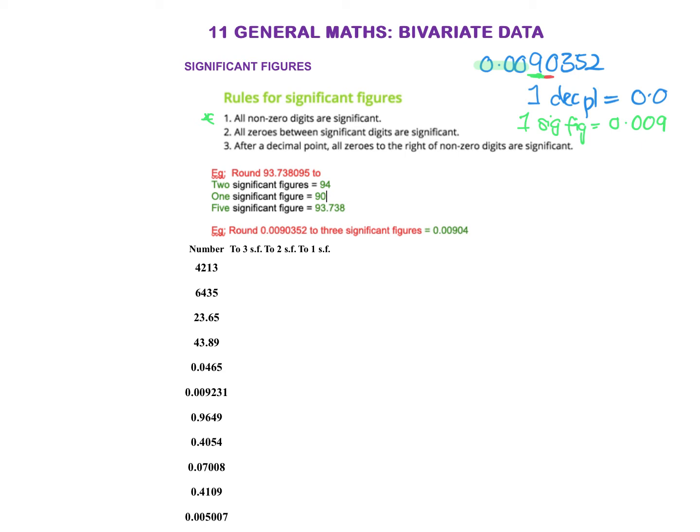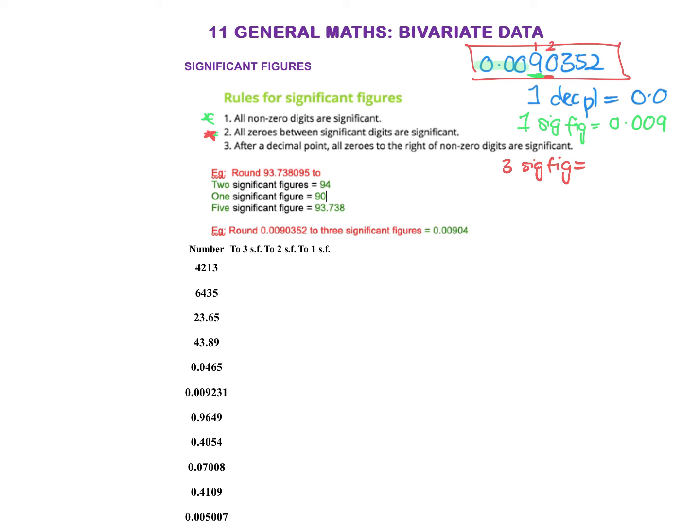And then the next rule is that all zeros in between significant numbers are counted. I'll show you what that means. Say this number again, if I said to go to 3 significant figures, I start counting as soon as I get a non-zero, so that would be the 9, and then you count no matter what. Even though there's a 0 there, I still count that.